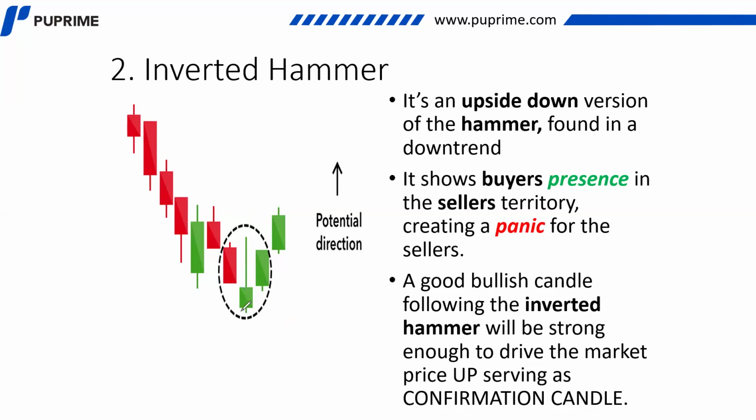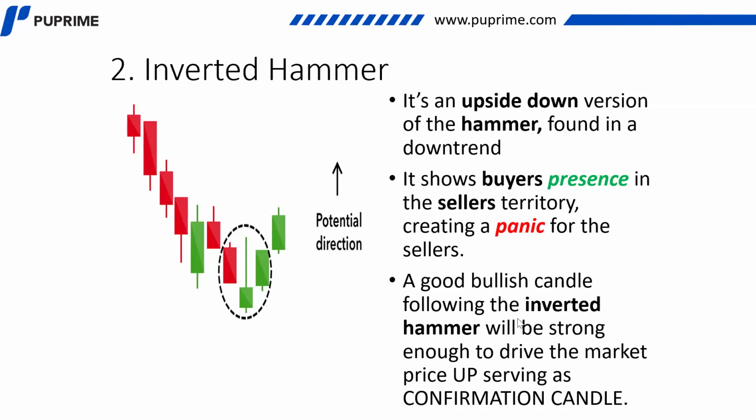When you see this type of candlestick in a support area and you see the next candlestick coming on board, then you can take your buy entry. So it's an upside down version of the hammer formed in a downtrend. It shows buyers' presence in the sellers' territory, creating panic for the sellers.